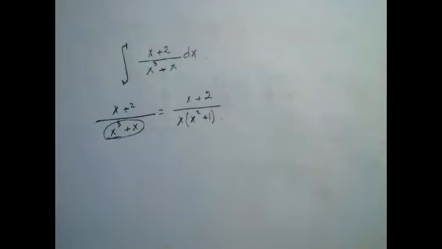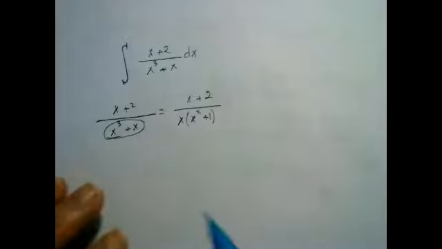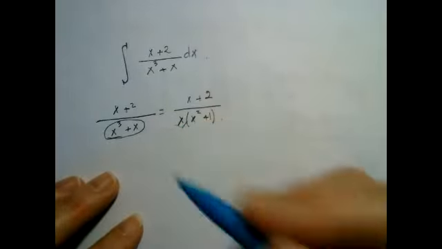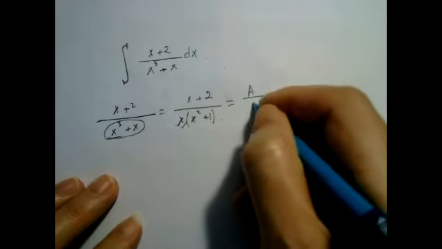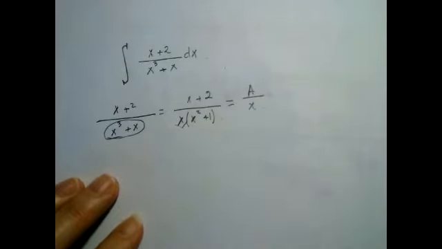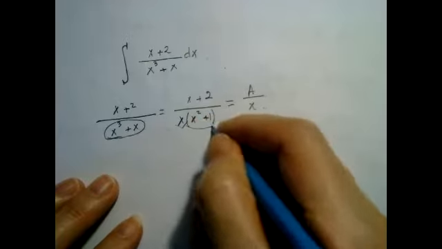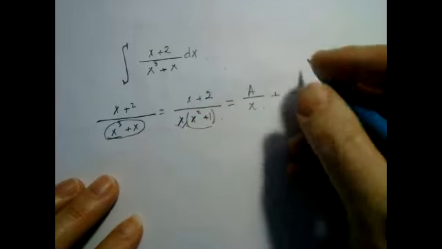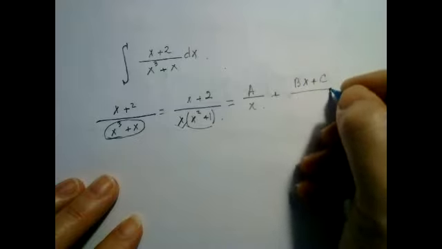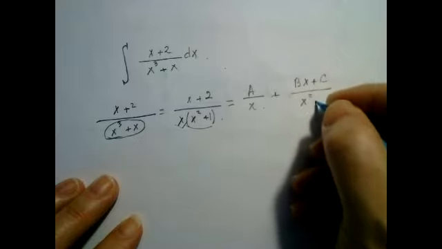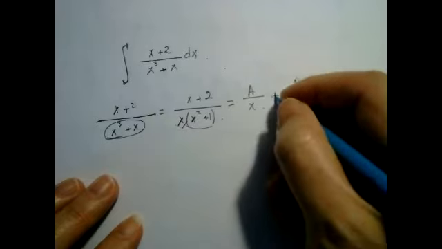Okay. Once I do that, I analyze the factors. That's a linear, non-repeating factor, so the contribution to it is A over x. This cannot be factored, so its contribution is Bx plus C over x squared plus 1.